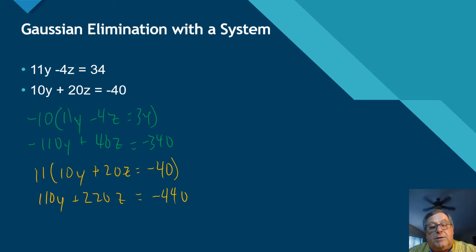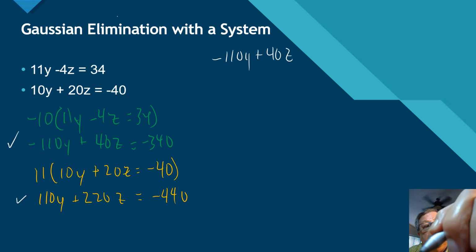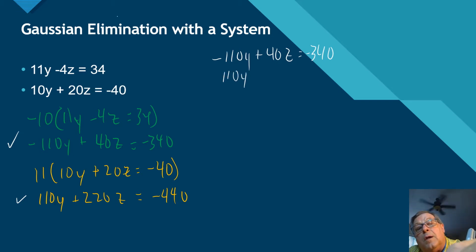Now I've got two equations that I can add together and eliminate the y variable. So let's roll with that. Negative 110y plus 40z equals negative 340, and we're going to add to it 110y plus 220z equals negative 440.